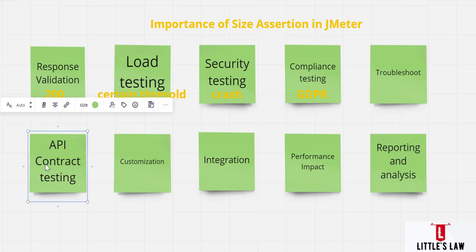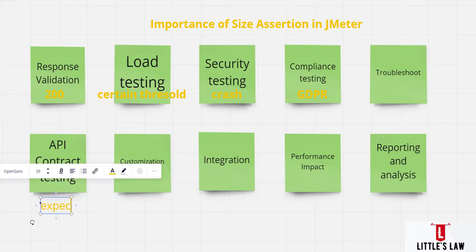The sixth one is API contract testing. When testing an API which has a defined contract or specification, such as OpenAPI or Swagger, we can use a size assertion to verify that the responses conform to the expected schema and structure. That is very important, so we might need to know whether it has the expected schema and structure.